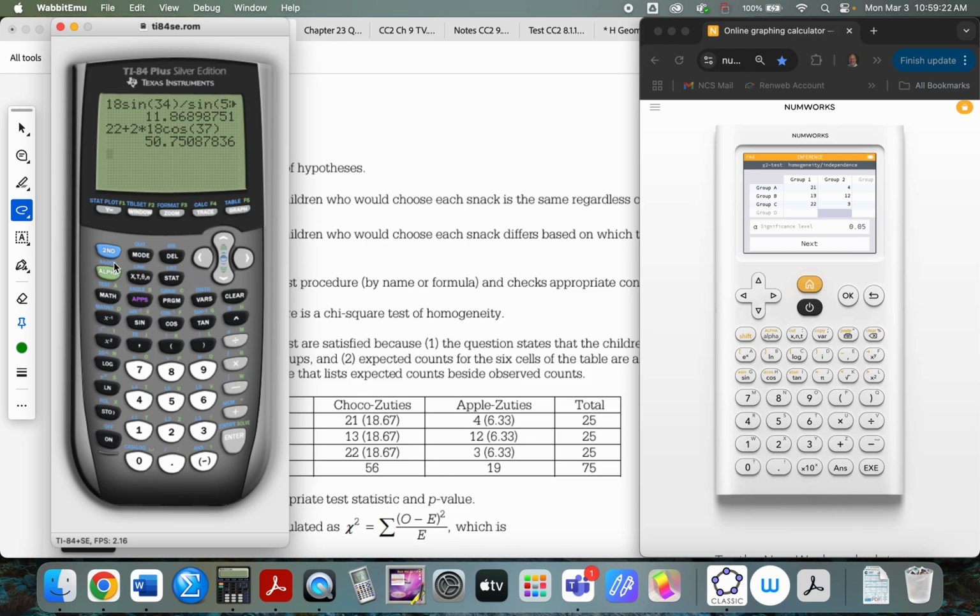So we have to go into matrix. This is 3 rows, 2 columns. So I need to go over here and edit this. So we've got 21, 13, 22.